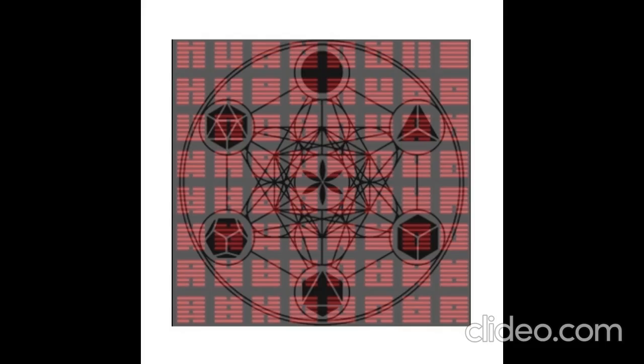schematic of a processor. And what you see, those red squares and the grid behind that, that is psi. That is energy, okay? Those red squares add up to 64.